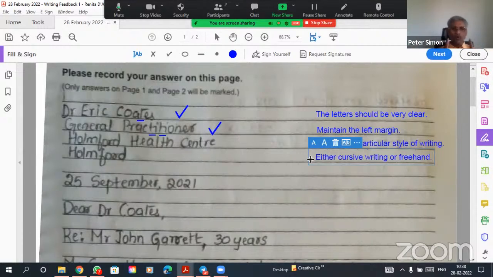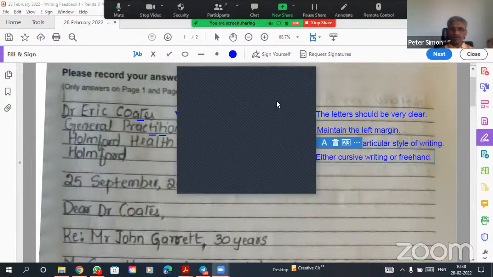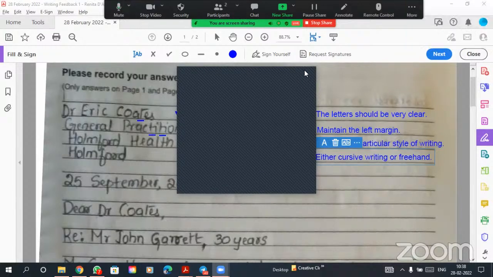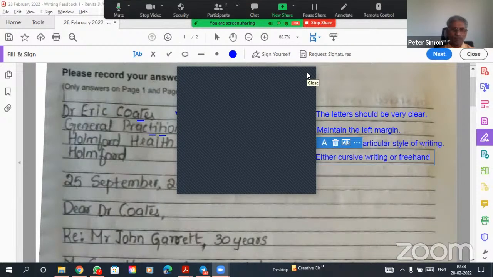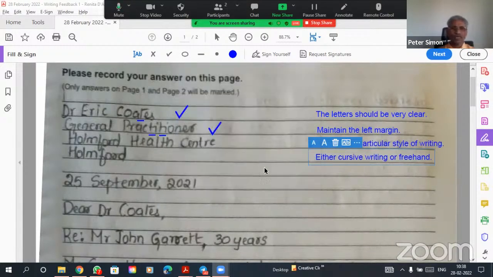So follow one particular pattern, because you are going for the paper-based exam. You have to follow these styles. Is that clear, Renita? Yes, sir. Take whatever I am telling you seriously. Everything I am pointing out, I will not tell again in the next letter, because I have to focus on many other things. Next.